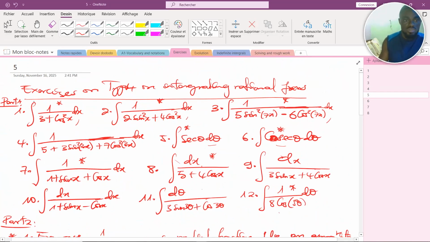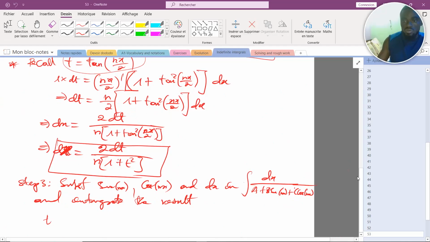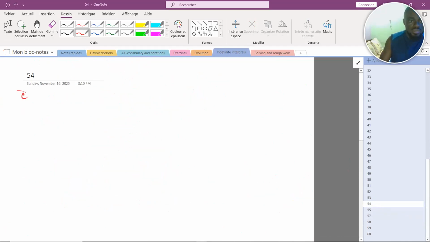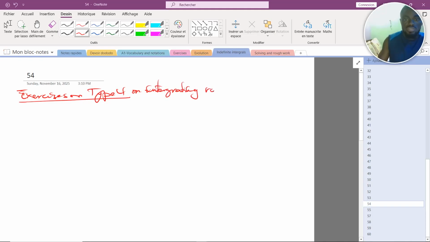Let's start with this one, the integral of 1 all over 3 plus cos square x. So, exercises on type 4, on integrating rational functions.